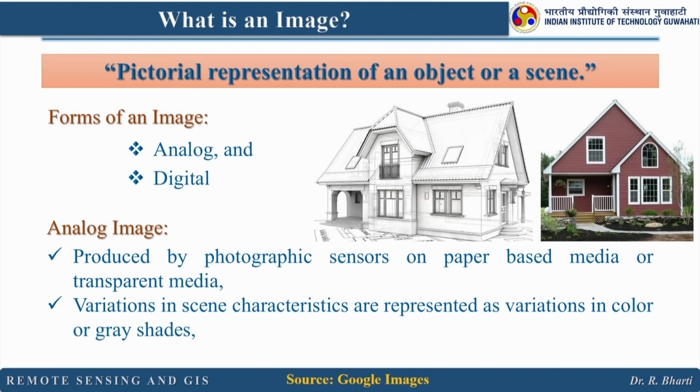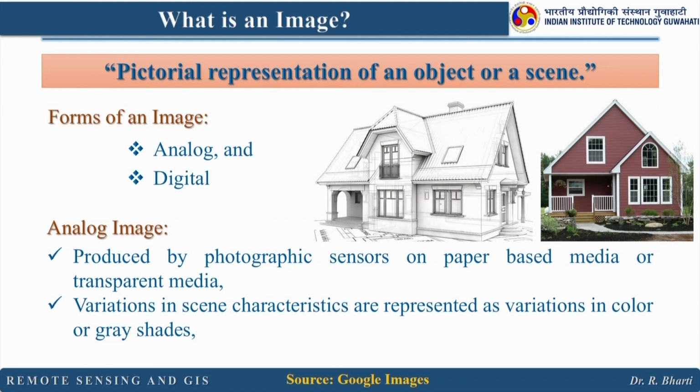Analog images are produced by photographic sensors or paper-based media or transparent media, and variation in scene characteristics is represented as variation in color or gray shades.